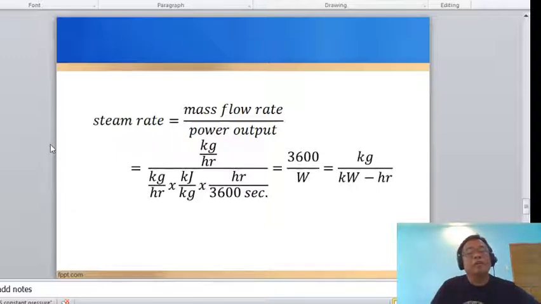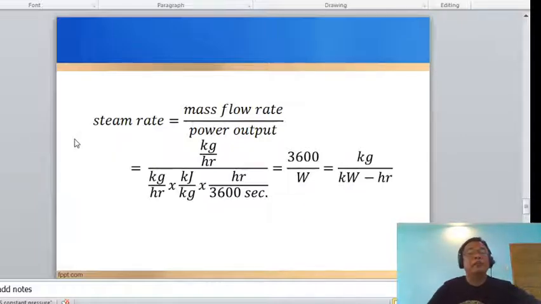Since kilowatt is included in the unit, we change 1 hour to 3,600 seconds to make kilowatt in the denominator. So hour is cancelled out, kilogram is cancelled out, and kilojoules per second is now kilowatt.